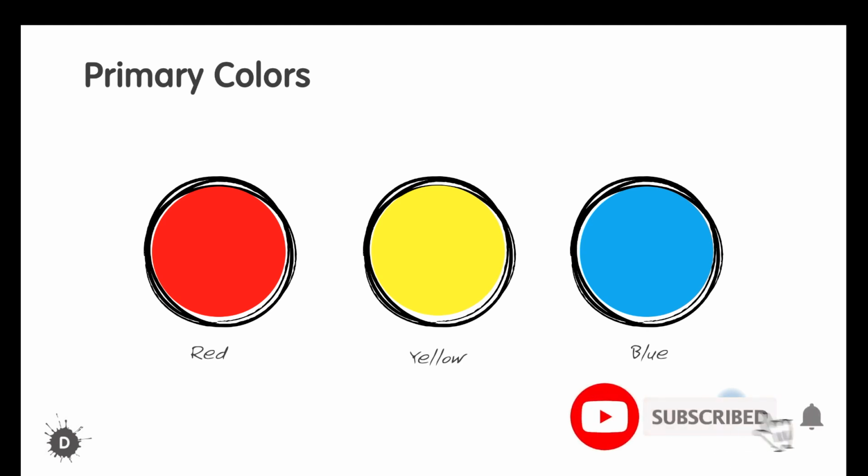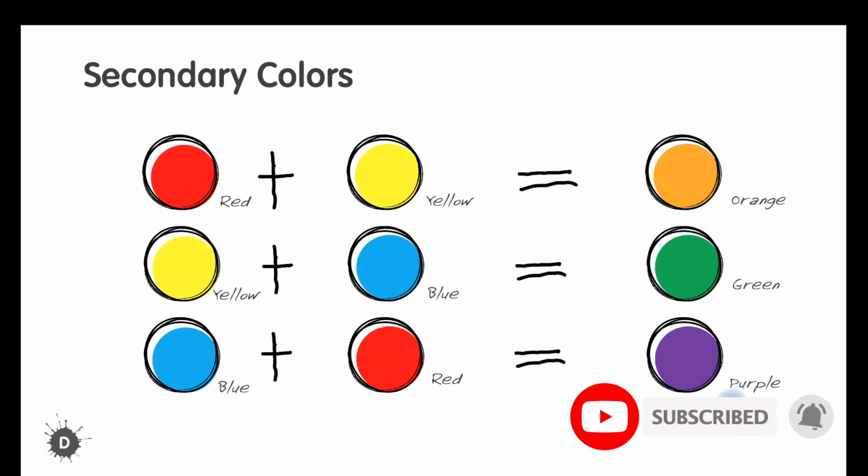We have secondary colors. They are the combination of primary colors: red and yellow gives us orange, yellow and blue gives us green, blue and red gives us purple. Tertiary colors.